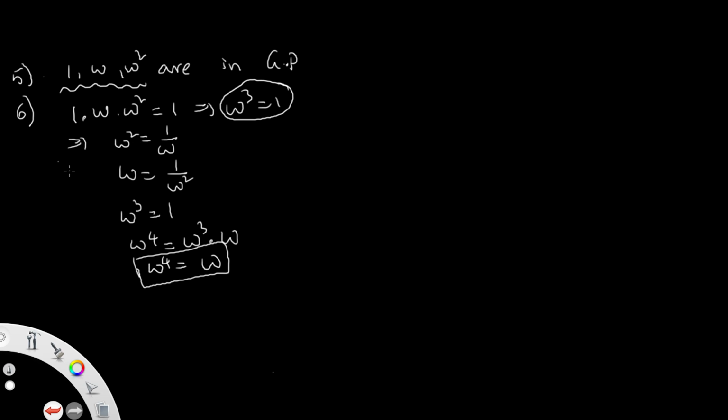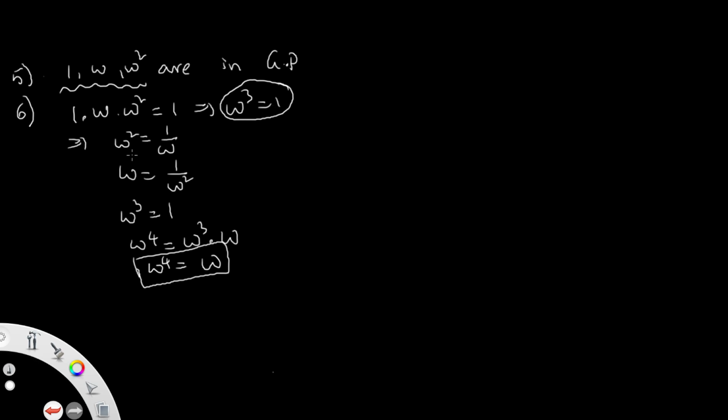From this, the fifth property is GP, because the common ratio is the same: omega by 1 is equal to omega and omega square by omega equals omega. The common ratio is the same, which means the three terms are in GP. Next, the sixth property: the product of the cube roots of unity is omega cube, which we already saw is equal to 1.